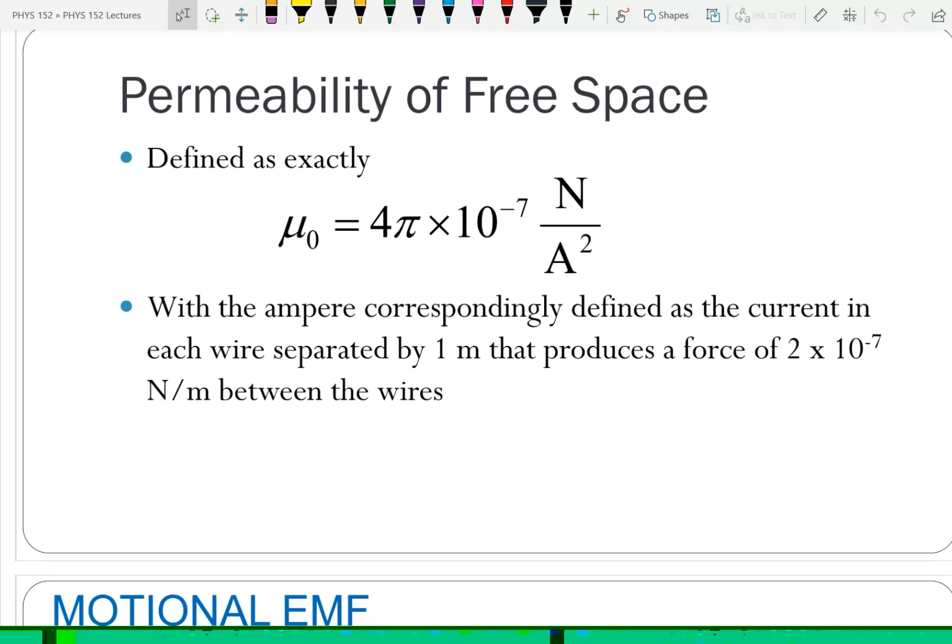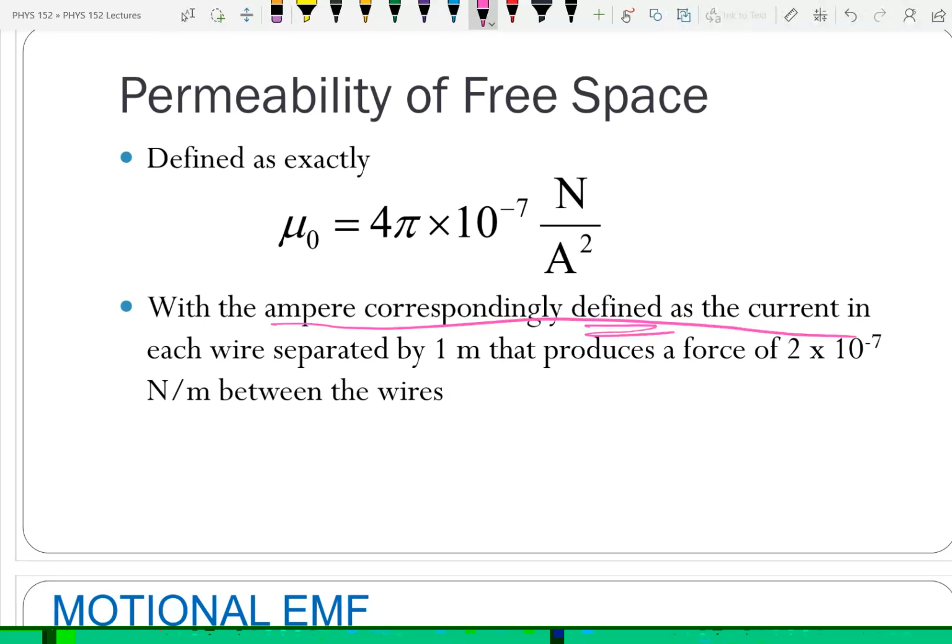But these are, at least according to what I saw when I wrote down, the standard units. The ampere is actually defined as the current necessary to make two wires that are separated by 1 meter produce a 4 times 10 to the minus 7 newtons per meter between them. So that's a force per unit length.